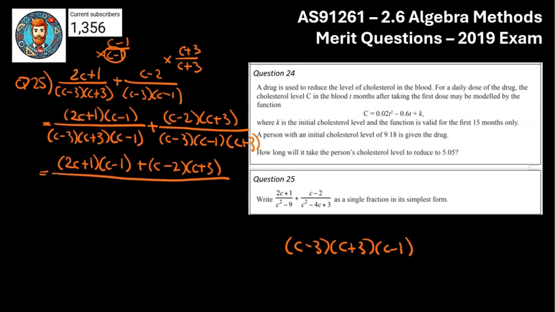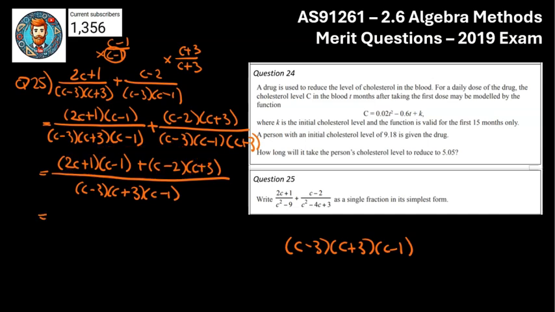All of that there is over (c minus 3)(c plus 3)(c minus 1). So I've got it as a single fraction. That's a big tick. However, it's not really simplified at this stage because we've got two messy brackets. At a minimum, all of this can be simplified together to c squared, c, number form. But optimistically, if we do that, we might be able to factorize and cancel out something from the denominator.